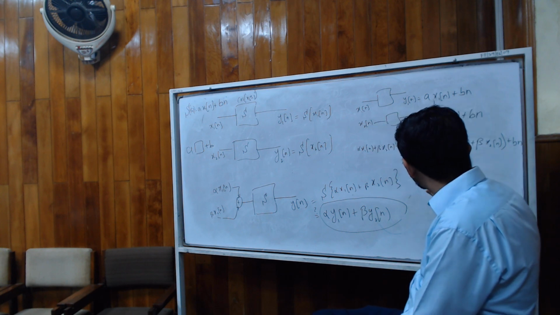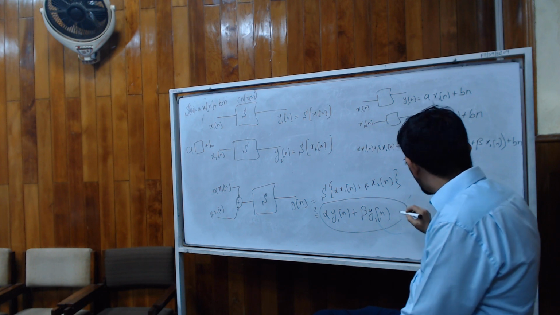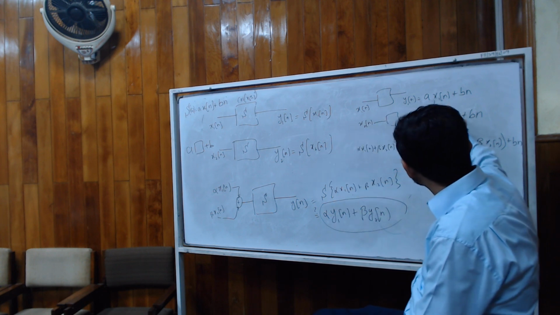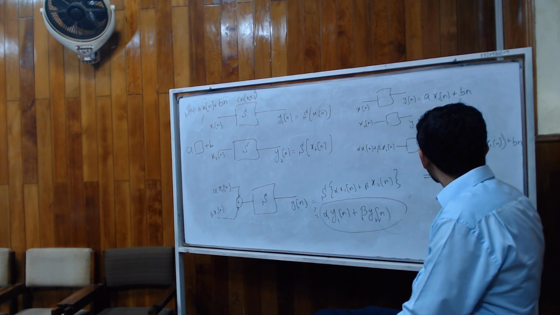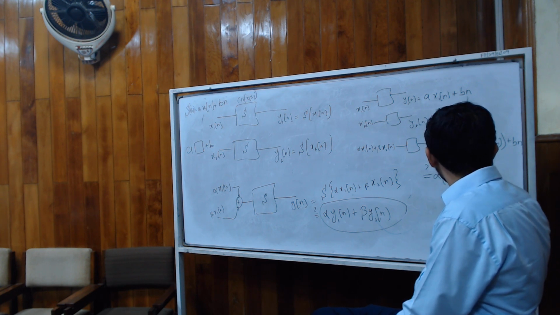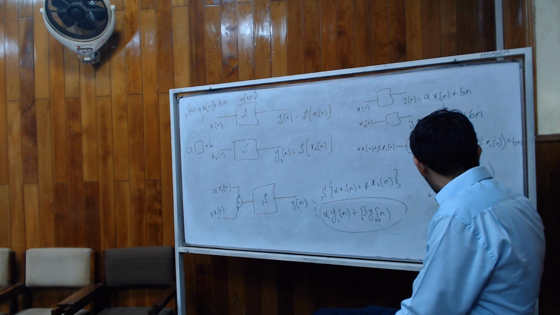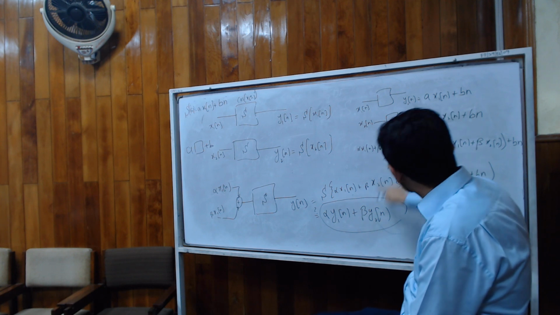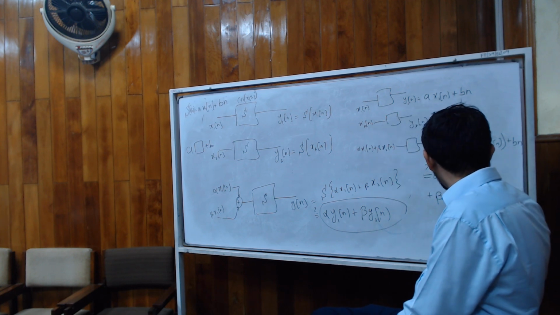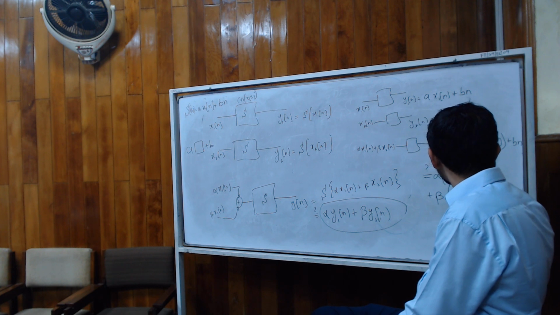What do we want it to be equal to? Alpha, this guy: a x1[n] plus b[n], plus beta, this guy: a x2[n] plus b[n].